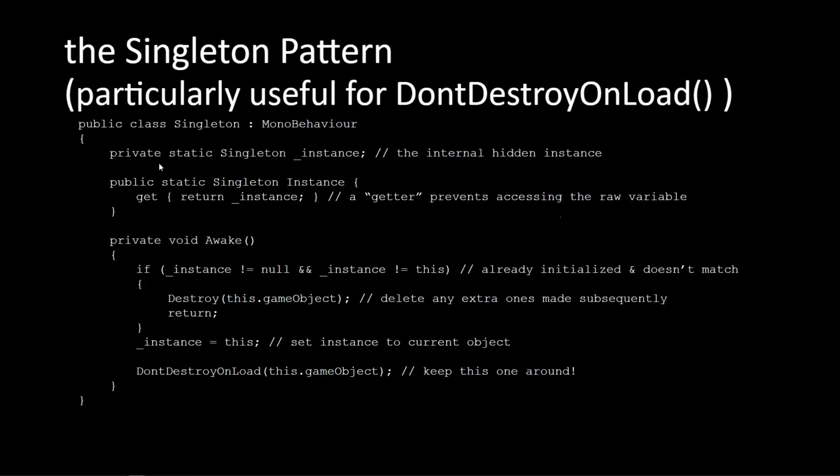So this structure here, this public static singleton instance, is a way of getting this private value and seeing if it exists. Now, this is a new feature as well, this thing called get. We haven't seen that before.